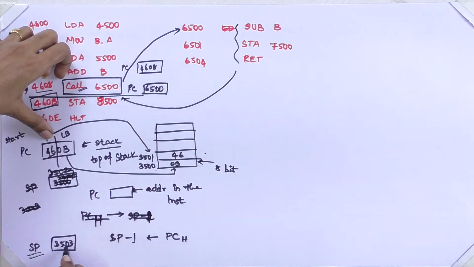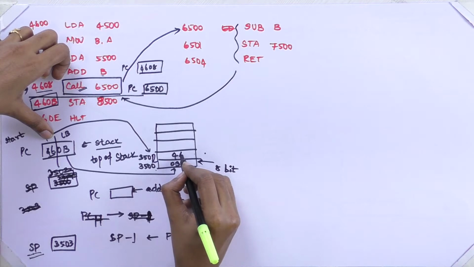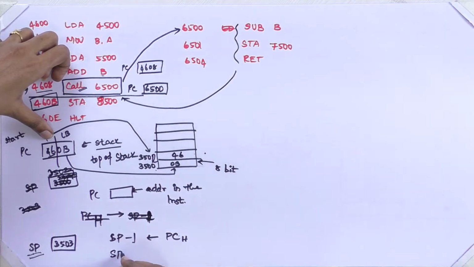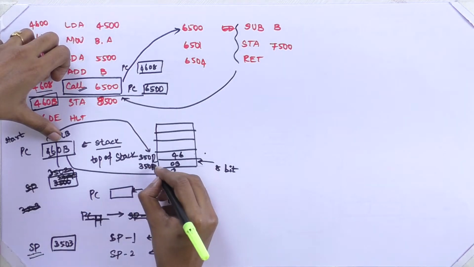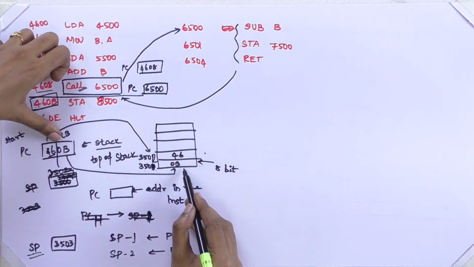SP value is 3503, so minus 1 means 3502, and there the 46 value will be stored. Then SP minus 2, where the PC lower byte value will be stored. So at 3501, the 0B value will be stored.